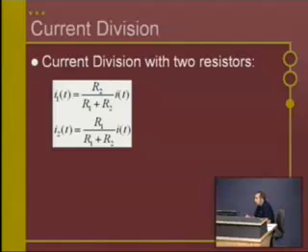When we're trying to figure out how current divides between two different branches, for a given branch, we're going to put the other resistor on the top of the equation. So we're trying to figure out the current that's running through R1. We put R2 on the top, and we put the sum of the resistances on the bottom. When we're trying to figure out the current running through R2, we put R1 on the top, and we put the sum of the resistances on the bottom.